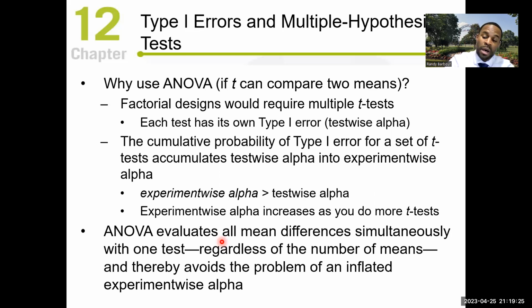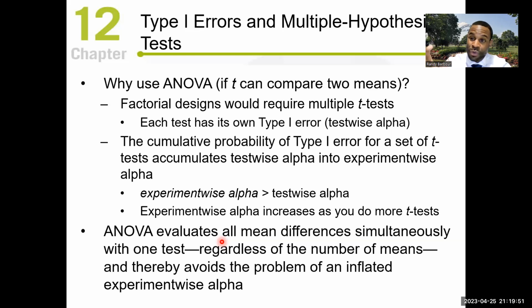Because as you do more and more t-tests, you have a cumulative probability of a type 1 error. So if I set my significance level at 5%, simplistically, I add those 5% significance levels up, because that is my probability that I'm going to get a type 1 error.